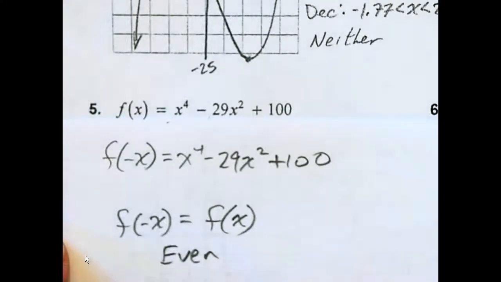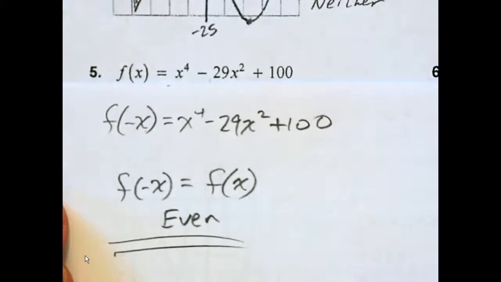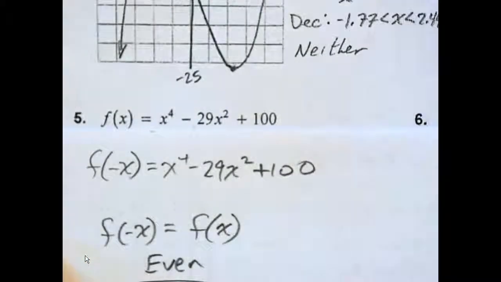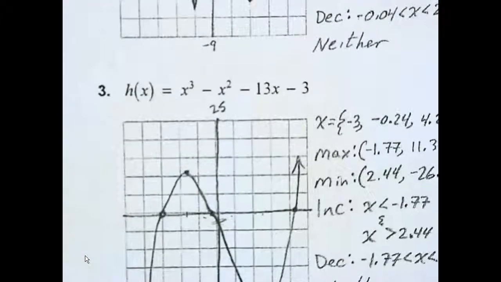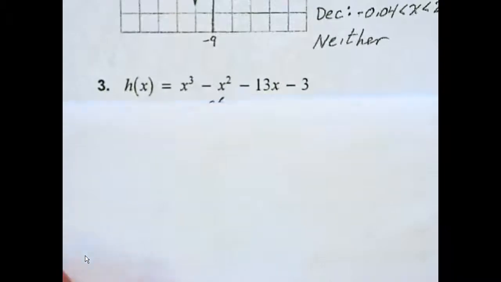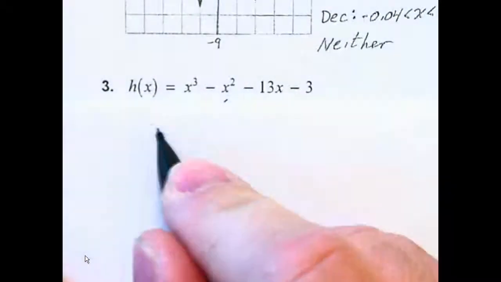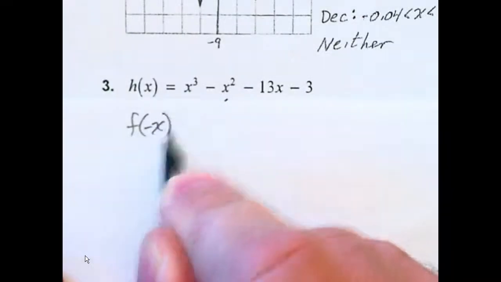Okay? So you should always kind of be skeptical. I don't mean be rude to your professor or your teacher. But when I've told you this one right here, number 3, is neither, I would expect the curious mind would go, well, is he lying to me? Maybe he made a mistake.